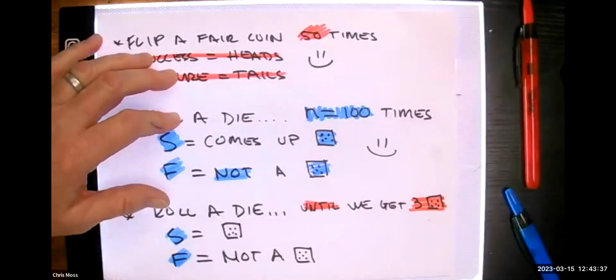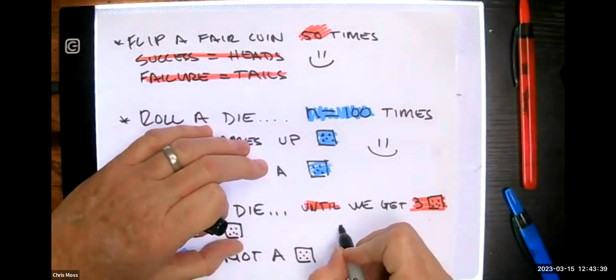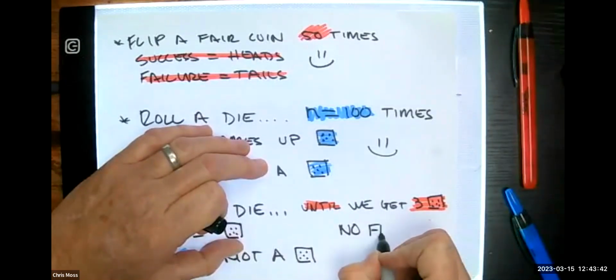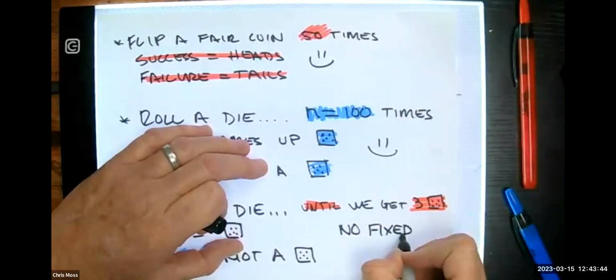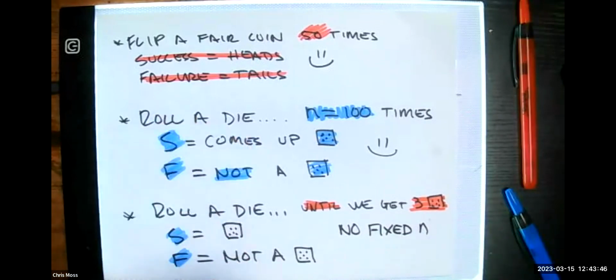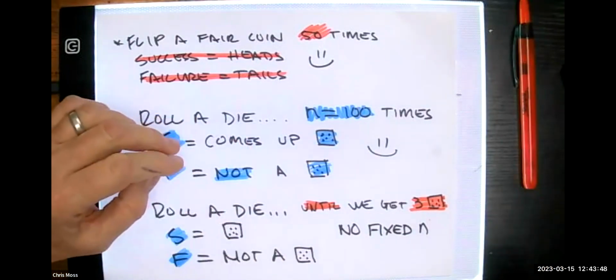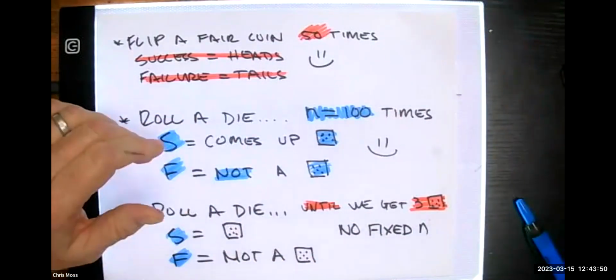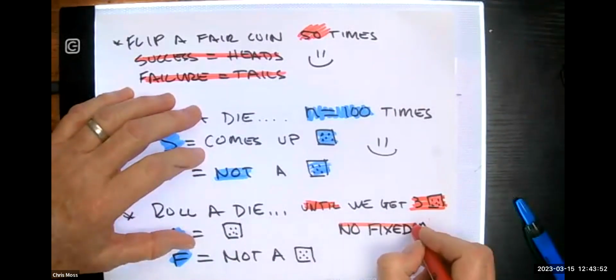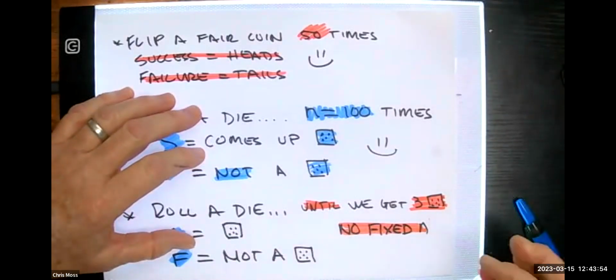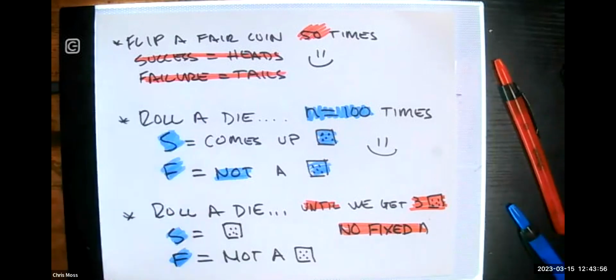The problem here is there is no fixed number of trials n. So no fixed n means that this is not a binomial distribution.